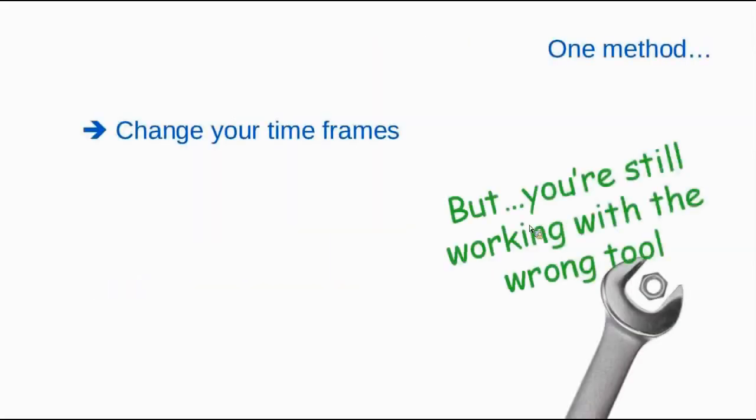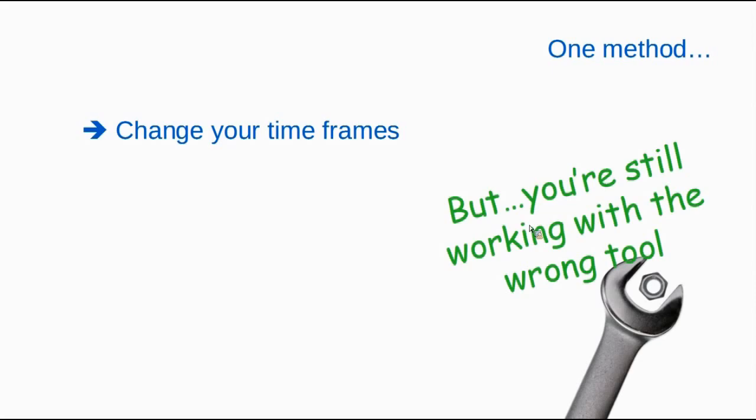So the easiest way to modify your trading system is to change your time frames. In most cases, shorter time frames work best for scalping trades. Longer time frames work better for swing and trend trades. But this is not the ideal situation because you're still working with, your only tool is a hammer.